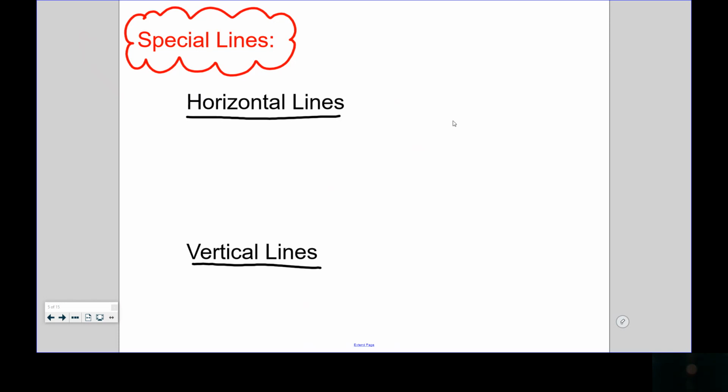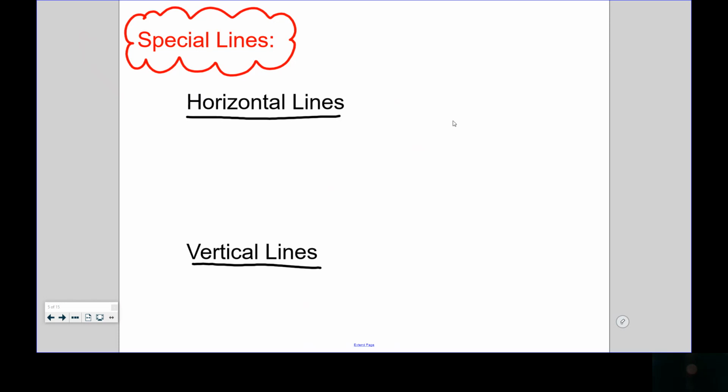Then I'll talk about their slope, and I'll draw a picture of what they look like. We haven't talked about slope yet. We may actually just talk about slope in the next section, 2.4, so I'll save slope for that video I'm going to record after this class.